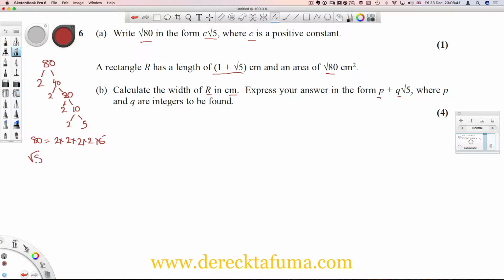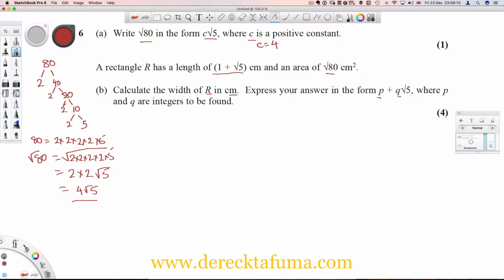So square root of 80 is equal to square root of 2 times 2 times 2 times 2 times 5. Basically, that 2 times 2 can come out of the bracket as 2. Then the other 2 times 2 comes out as 2 root 5. So root 80 is 4 root 5. So in that case, c is equal to 4.